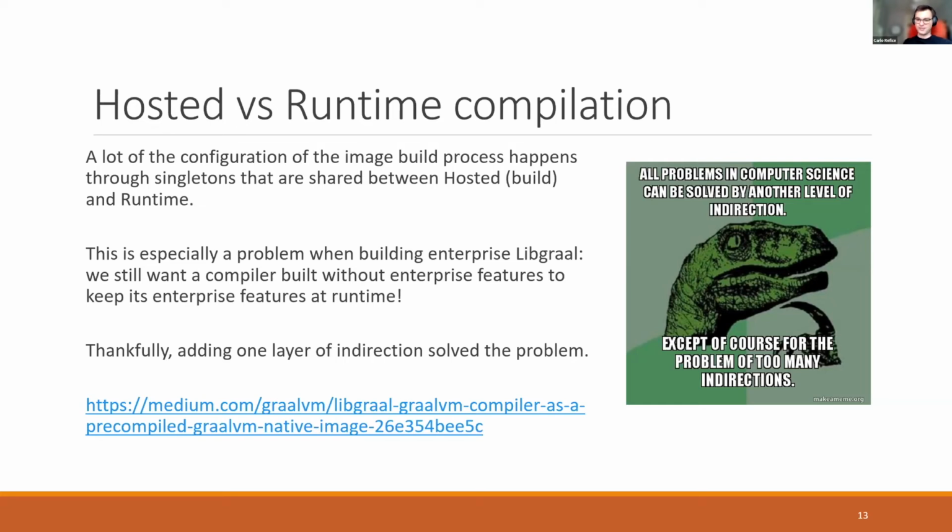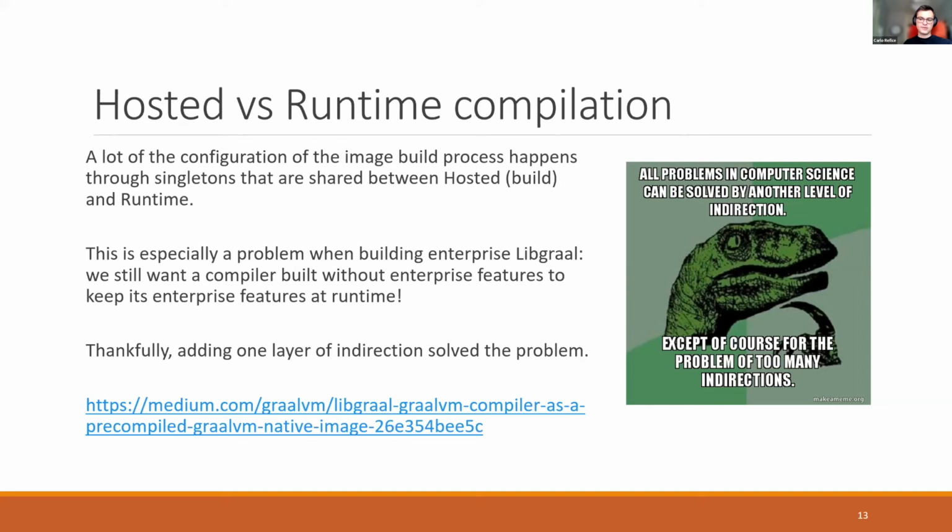They're singletons that are shared between the build step, so what we call the hosted side, and the actual program at runtime, so either the substrate VM or the actual code.